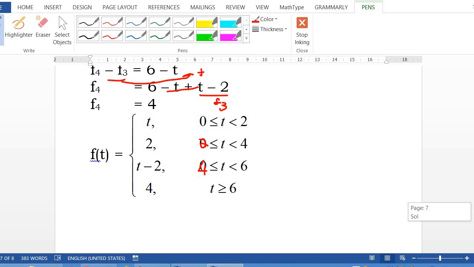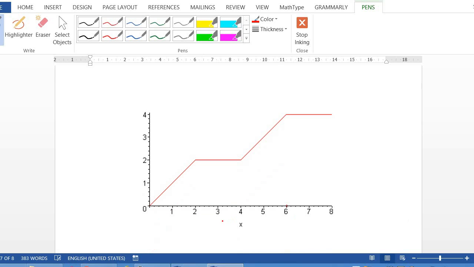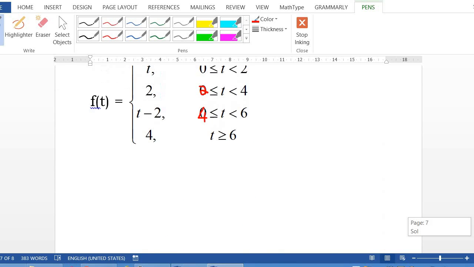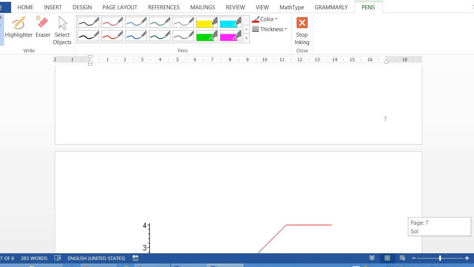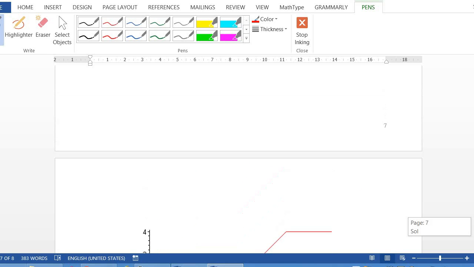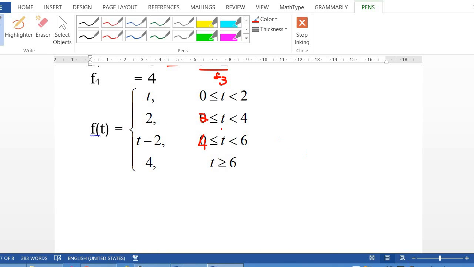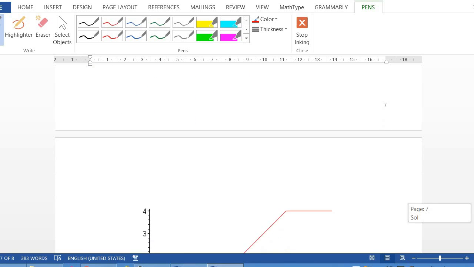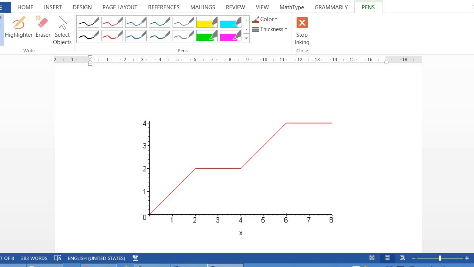To sketch the graph, from 0 to 2, the function is t, a linear graph. So when t is 0, f(t) is 0, when t is 2, f(t) is 2. From 2 to 4, the function is actually 2.